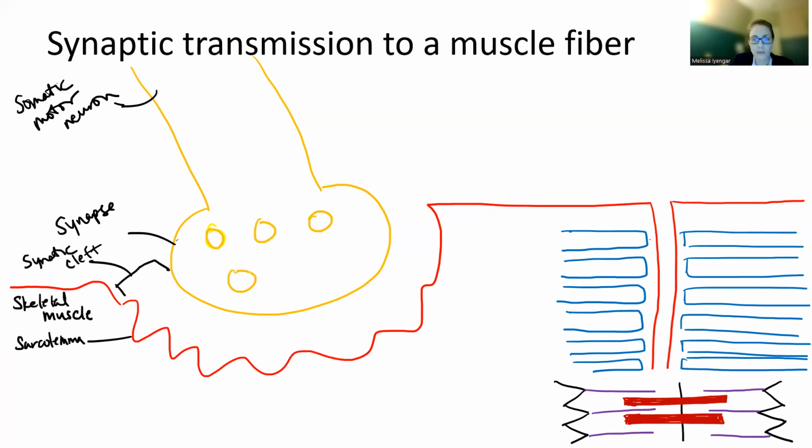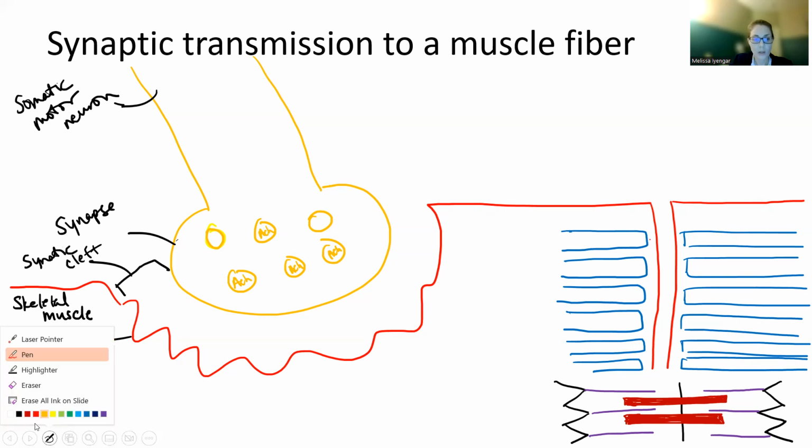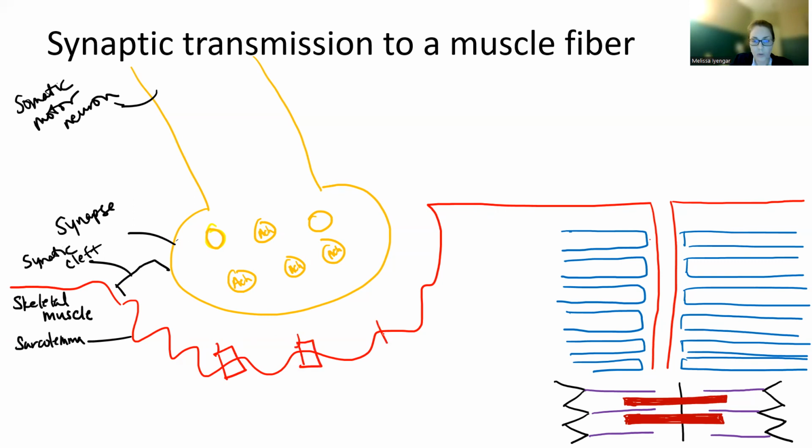So here are the synaptic vesicles. Inside the synaptic vesicles, you want to write ACh, because remember, we have acetylcholine inside of our synaptic vesicles, okay? On the sarcolemma, you're still going to have those red channels. Those red channels were our sodium channels.